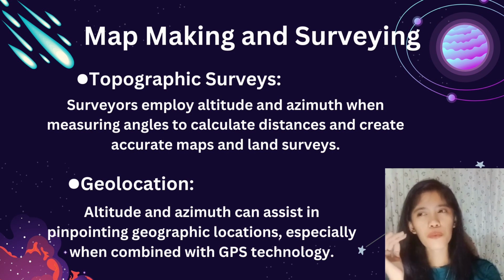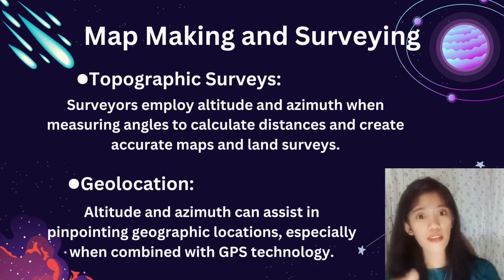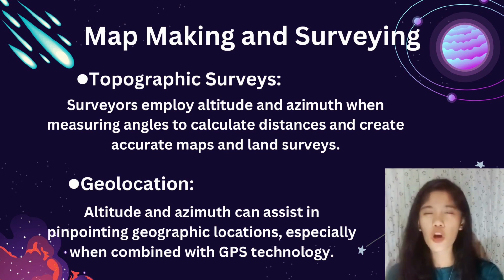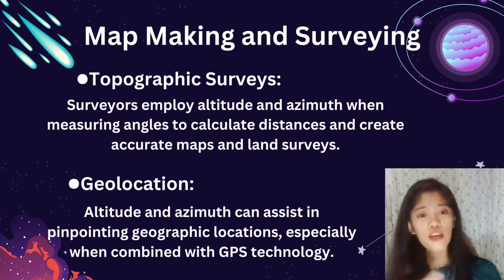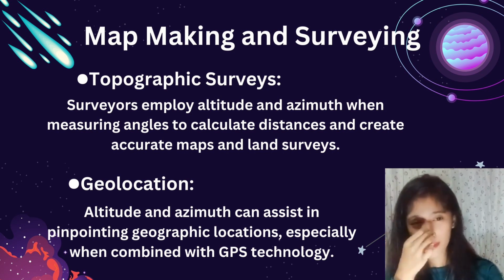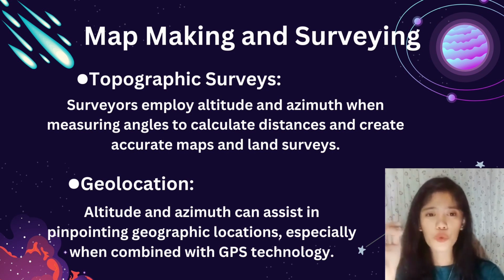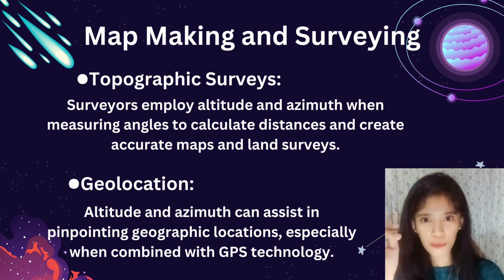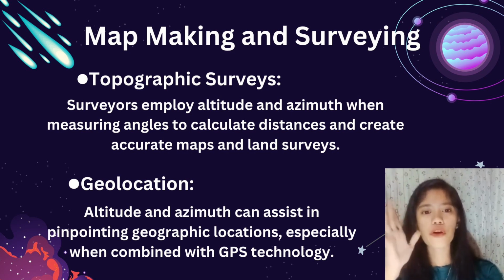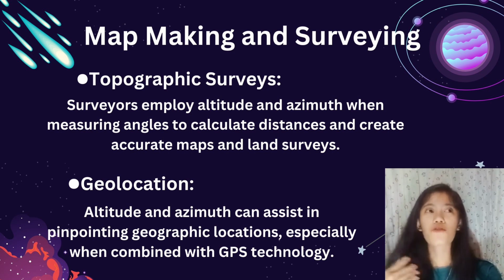We mentioned location-based services, an example of which is navigation apps. Location-based services utilize altitude and azimuth to provide users with real-time information about their surroundings, such as nearby landmarks, restaurants, or points of interest.